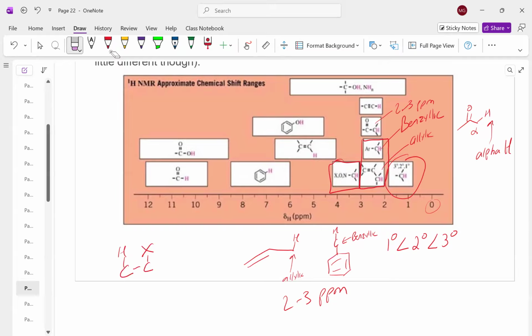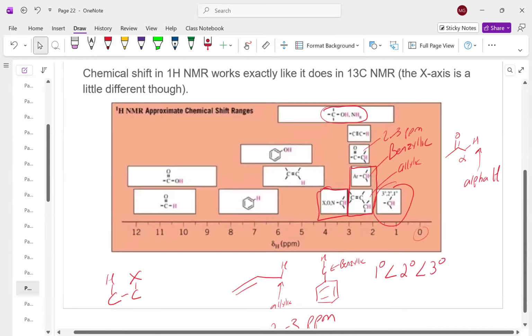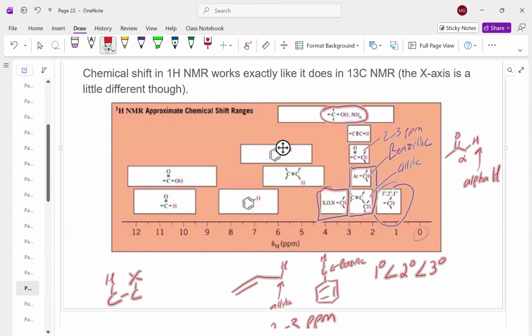Now, hydrogens on highly electronegative atoms, like oxygen or nitrogen, we have those up here at the top. They're kind of weird because they can have a chemical shift anywhere from like 1 to 6. And the reason for that is it depends on how much hydrogen bonding it's doing when you take the NMR spectra of that compound.